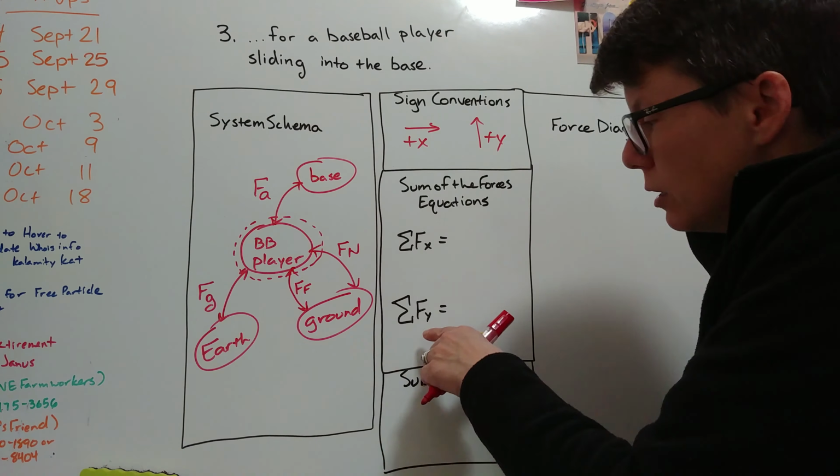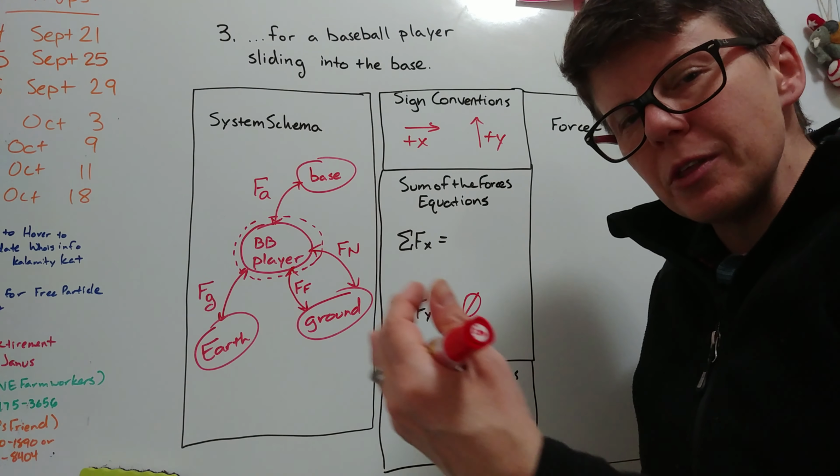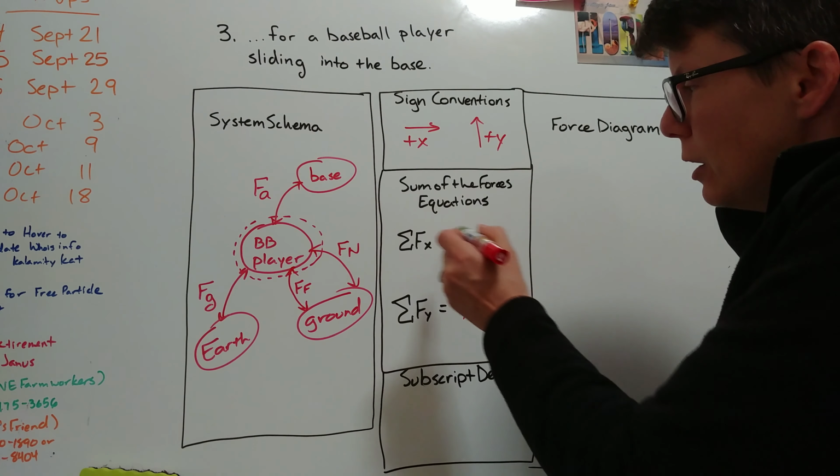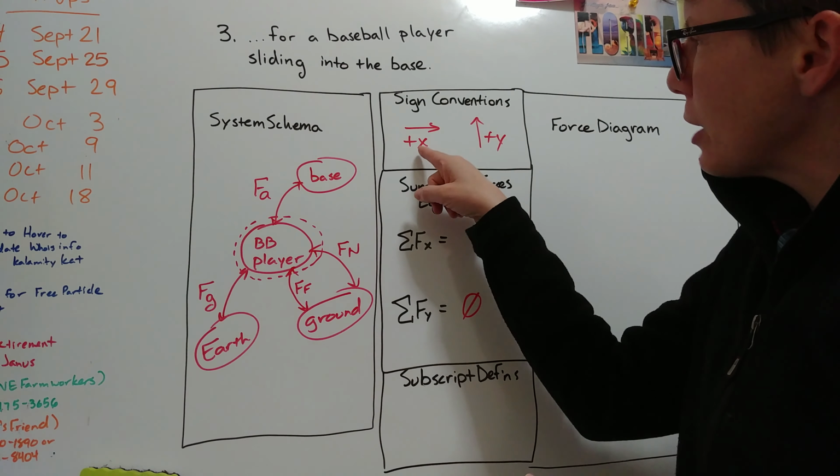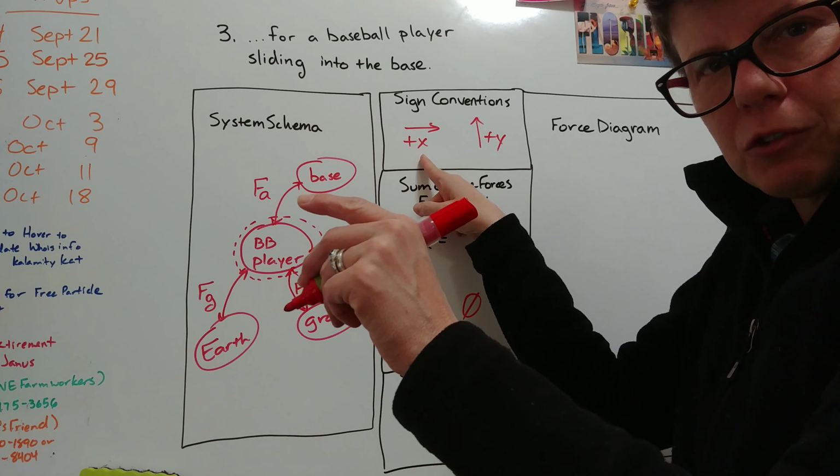In the horizontal direction, this entire scenario depends on the fact that the player's slowing down. So I need to have a net force here. So let's just take a moment and consider that in the picture on your page, the player's sliding from right to left. They're actually moving in the negative direction.